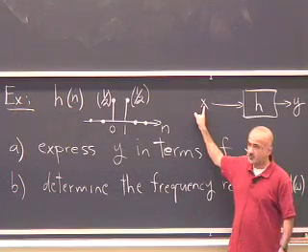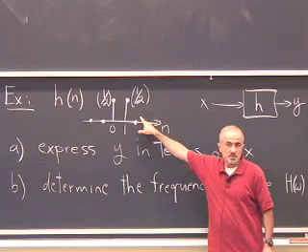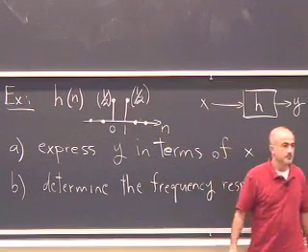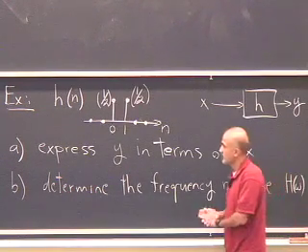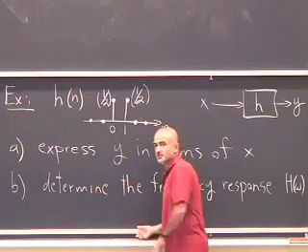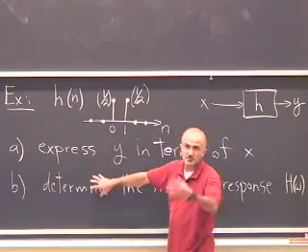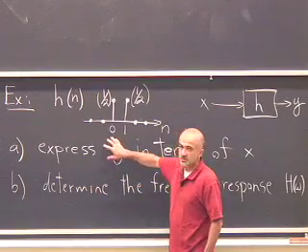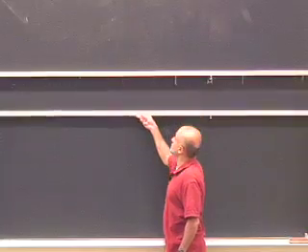Just use an x, convolve it with this function, and tell me what you get for y of n. That's part A. And you need to talk to your neighbors, because this is quite new to most, if not all of you. After you do that, then we'll deal with B. So don't worry about B for now. Deal with it only if you finish early. We'll work this out, and then we'll worry about the frequency response.